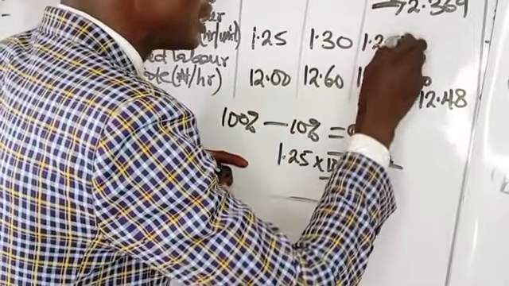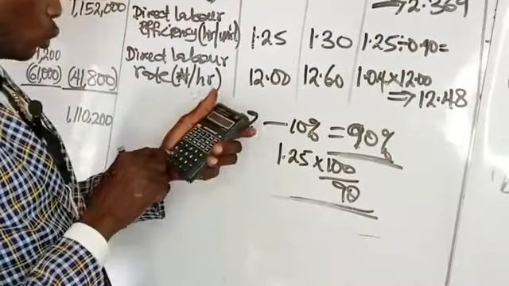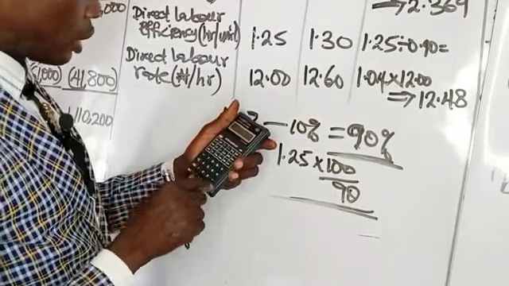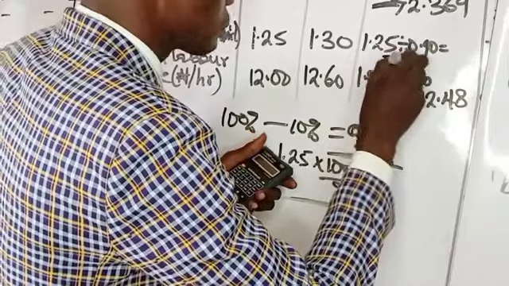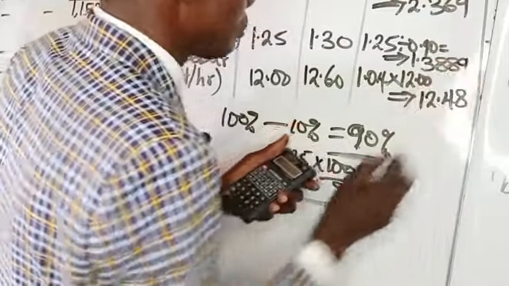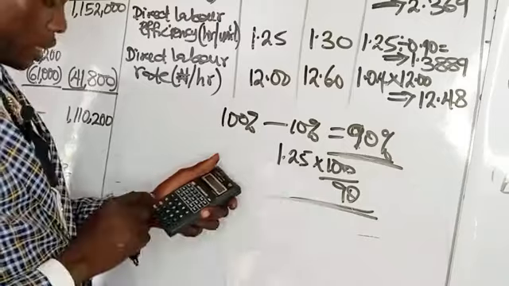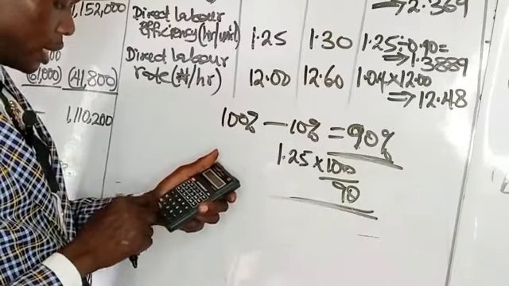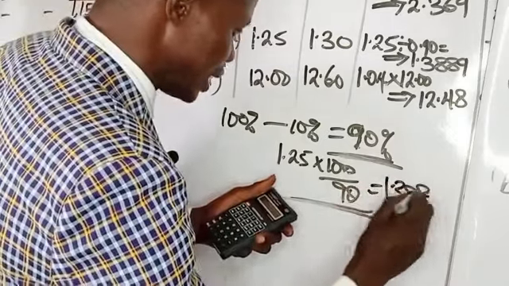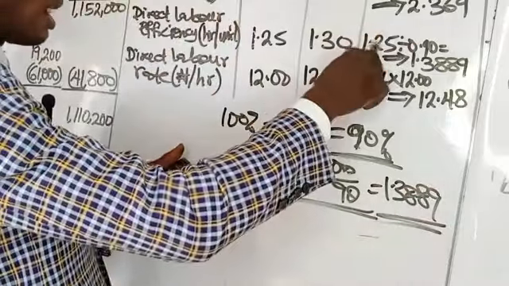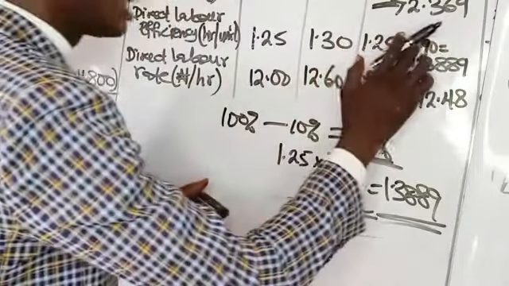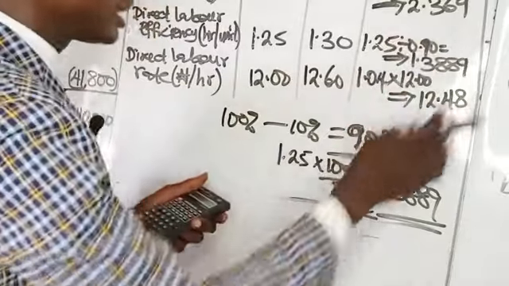So divide by 0.9. 1.25 divided by 0.9 gives us the ex post standard hour of 1.3889.